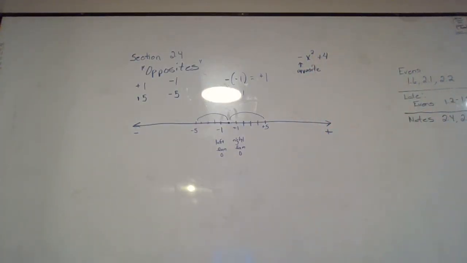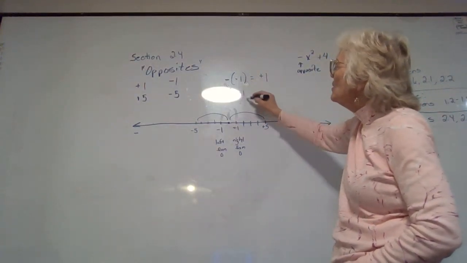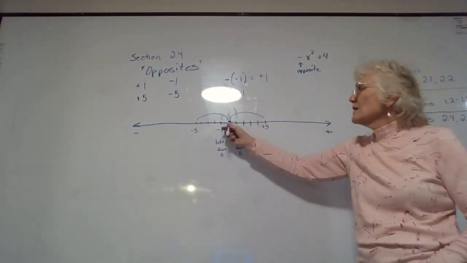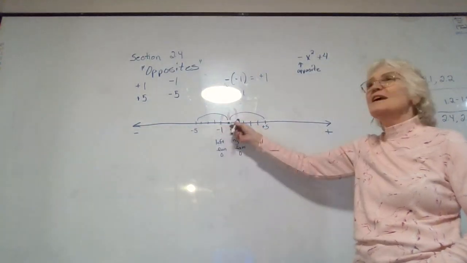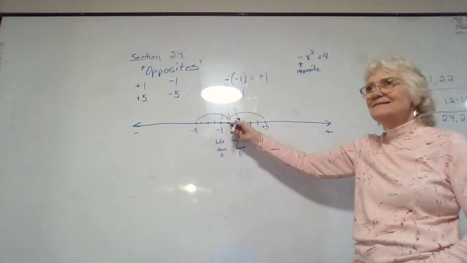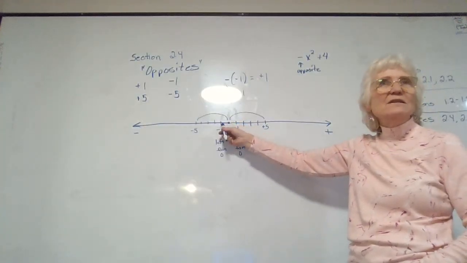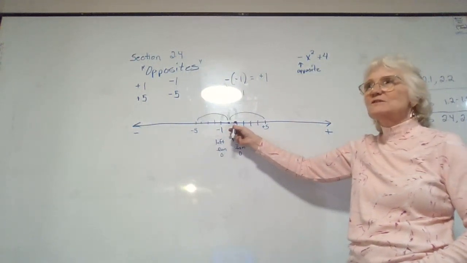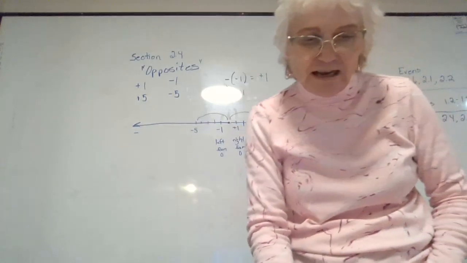But when you're using it here, this is the opposite of negative 1, which is positive 1. Because if I go the opposite direction of going this way, I would go this way 1. Does that make sense? If I went the opposite of going negative 1, I would actually go right 1, which is positive 1.